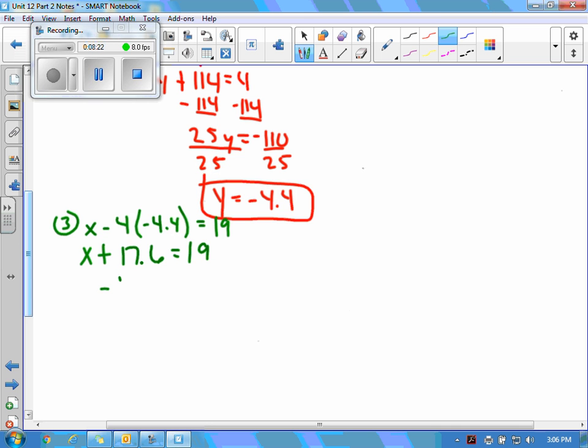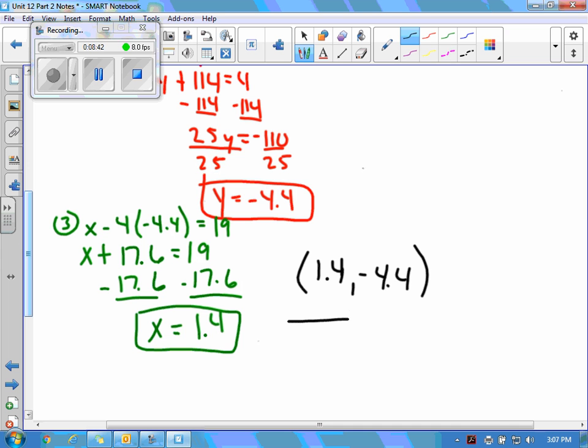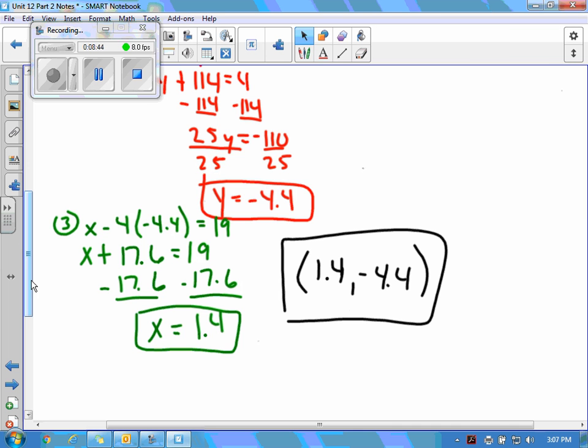And then I can subtract 17.6 from both sides. When I do that subtraction, I wind up with 1.4. So remember that my answer is going to be an ordered pair. So I get 1.4, negative 4.4 as my coordinates. And that would be my answer.